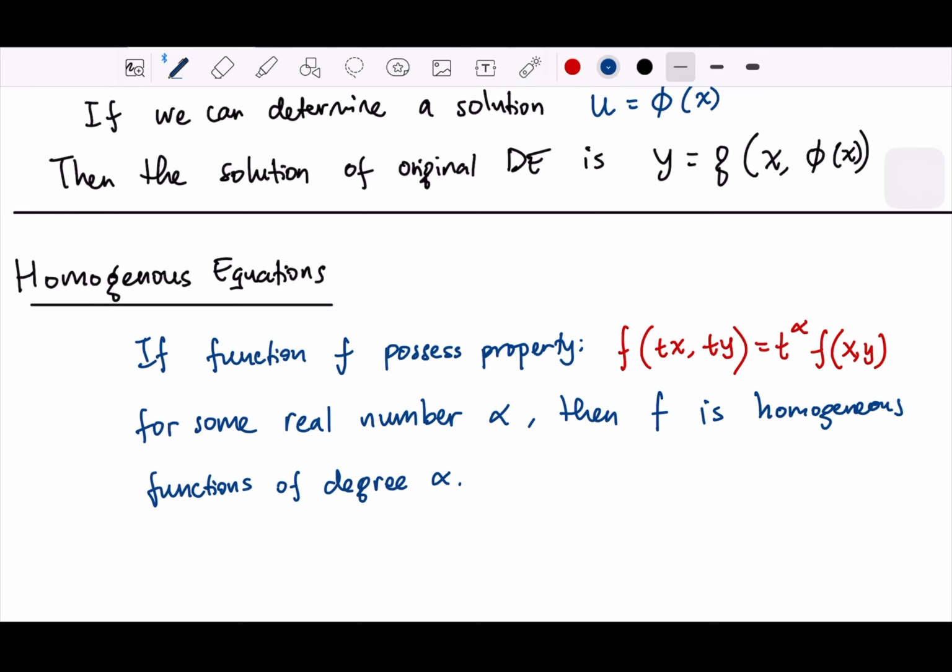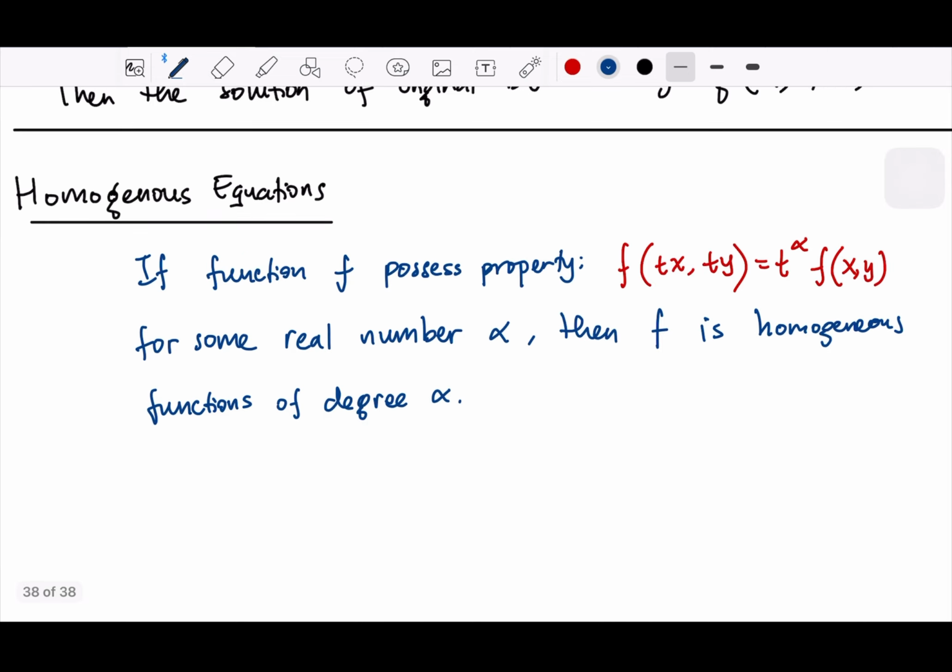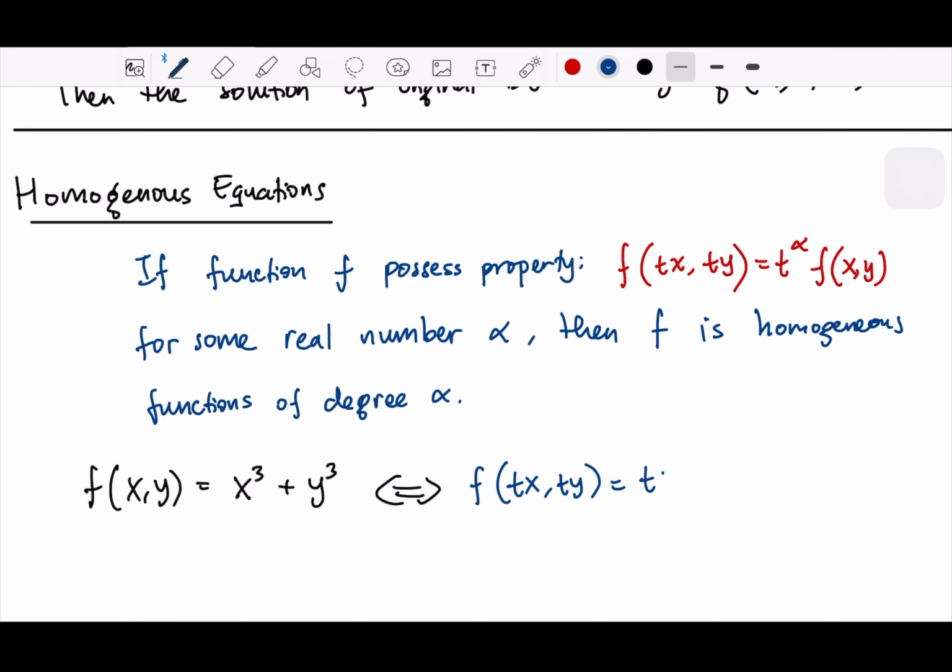So what does it mean? For example, if we have a function of two variables, x cubed plus y cubed, and we put tx and ty, the components become tx cubed plus ty cubed.